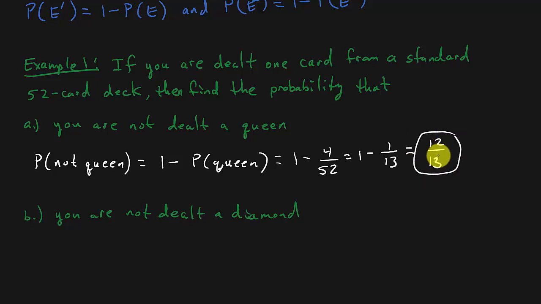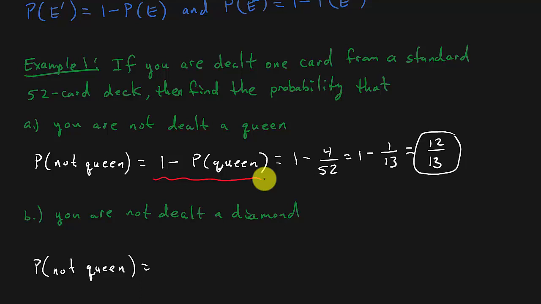Now let's do this. Let's come down here, the probability of not a queen. Let's not do 1 minus the probability that it's a queen. Let's count how many cards there are in the deck that are not queens.